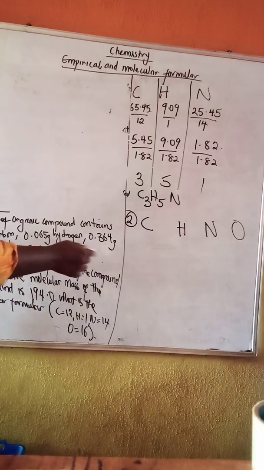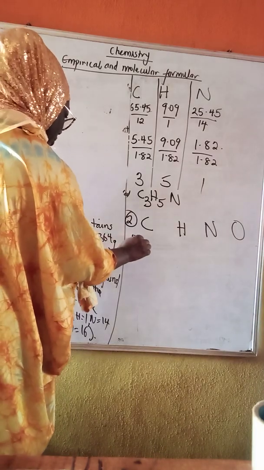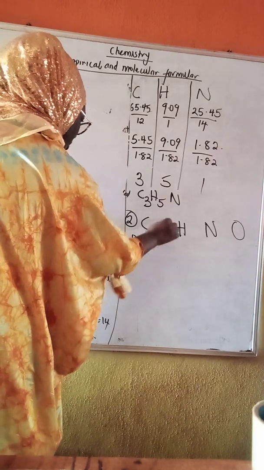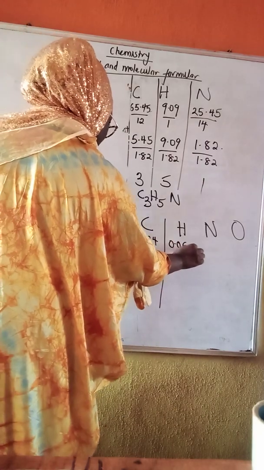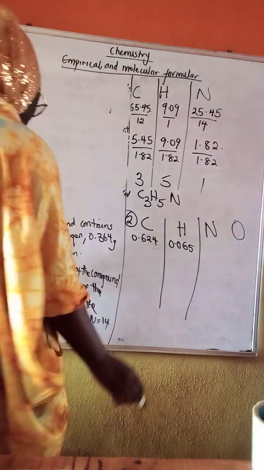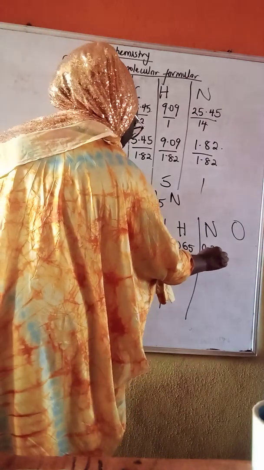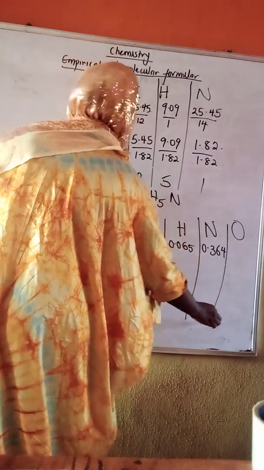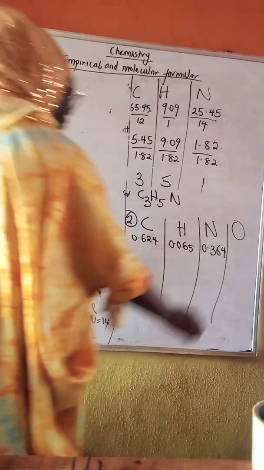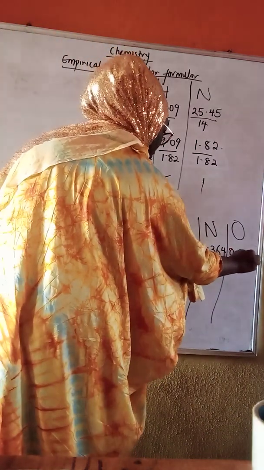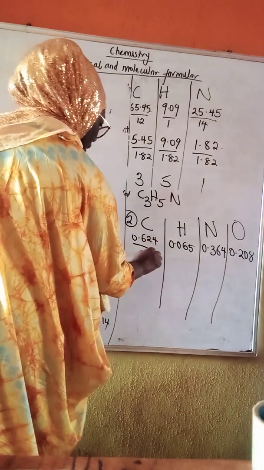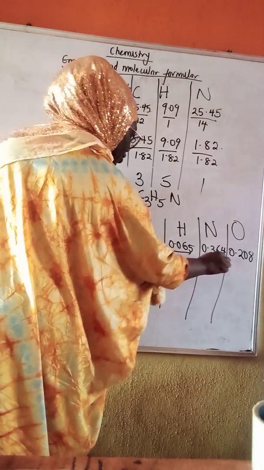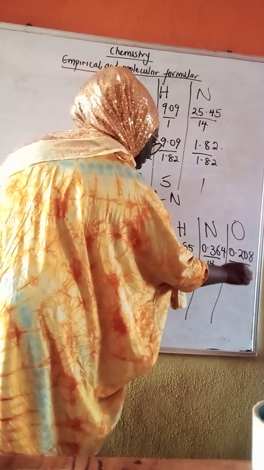Okay, so what is our carbon? 0.624, hydrogen 0.065, nitrogen 0.364, and our oxygen 0.208. Now, what is the mass number of carbon? 12. Hydrogen 1, nitrogen 14, and oxygen is 16.